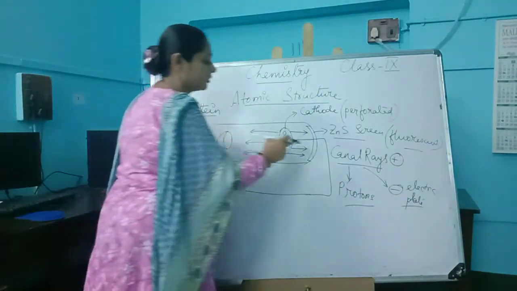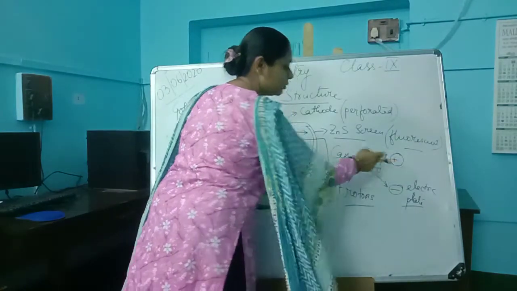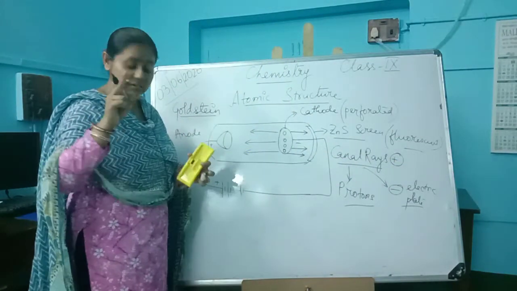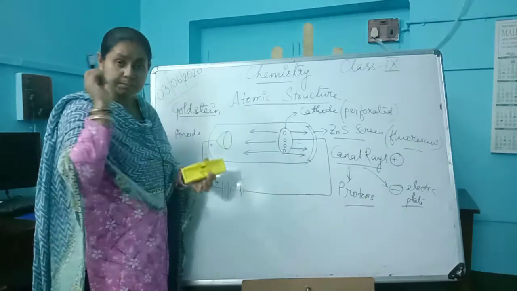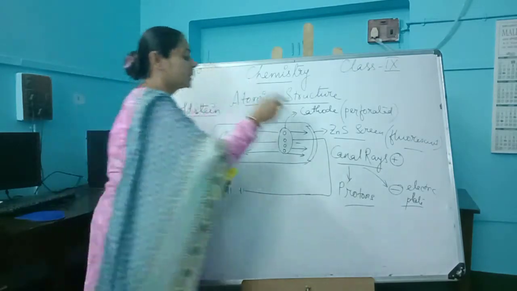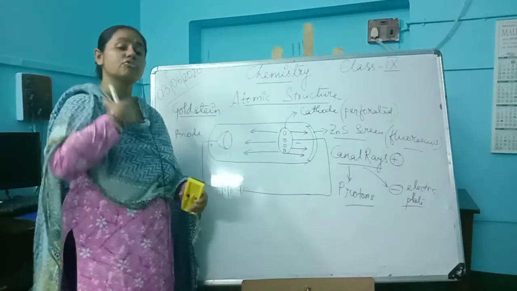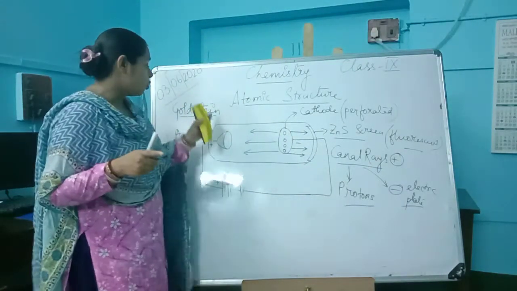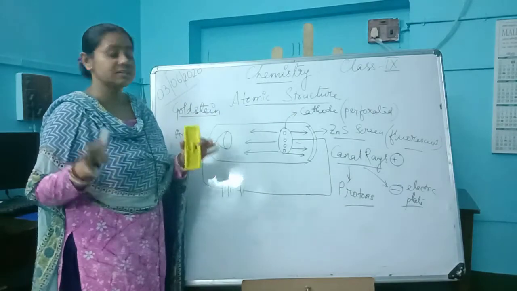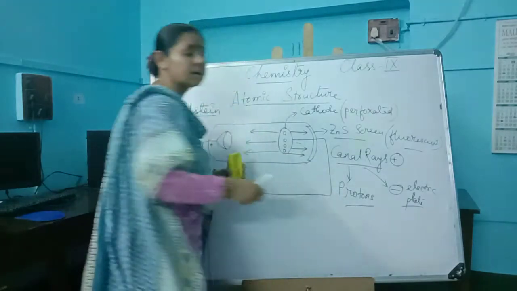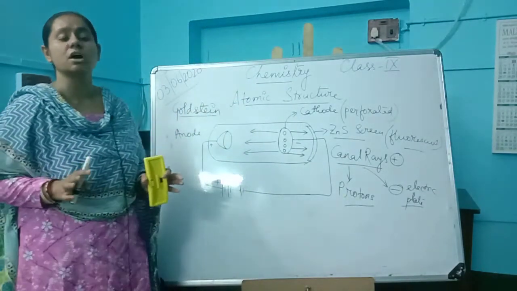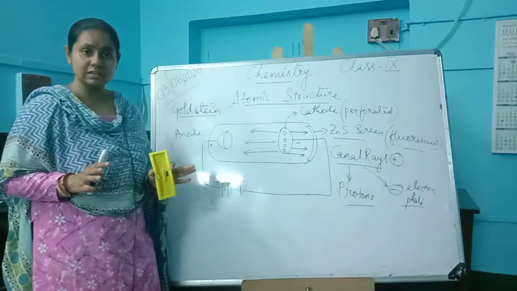That is why the canal rays got attracted towards the negative electric plate. So Goldstein characterized that protons are positively charged particles. Is it clear to you?